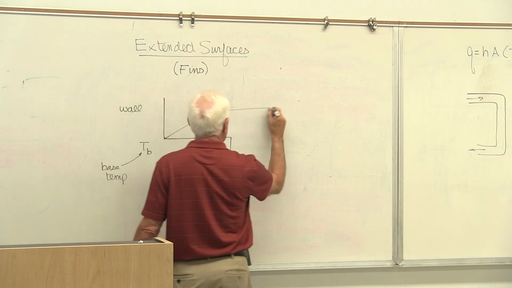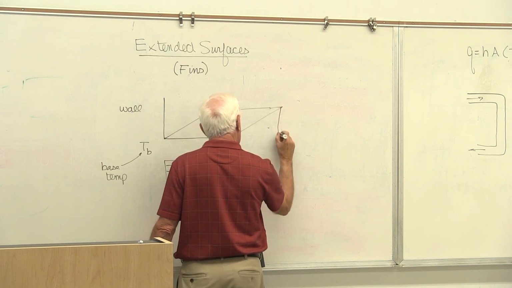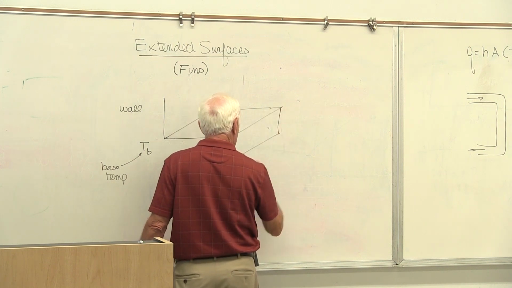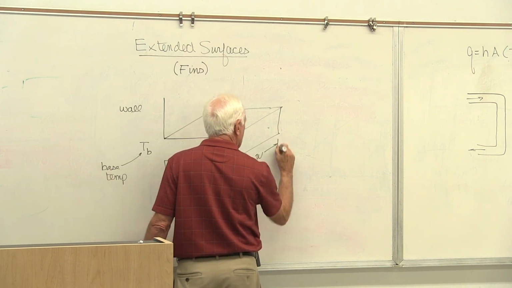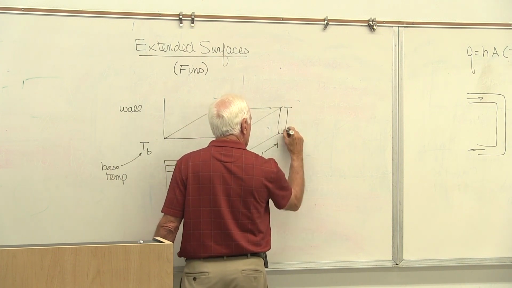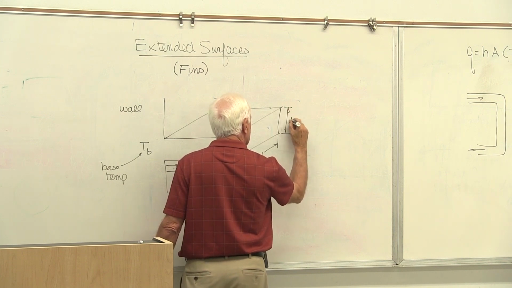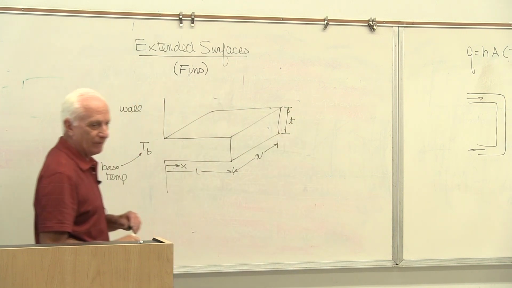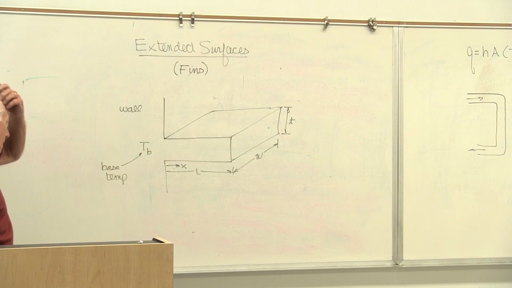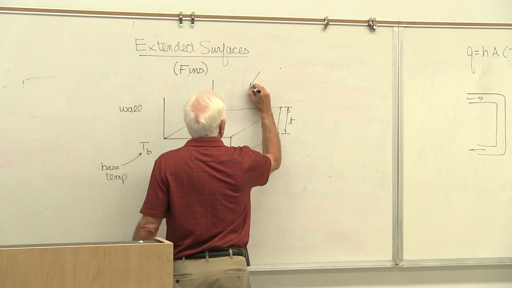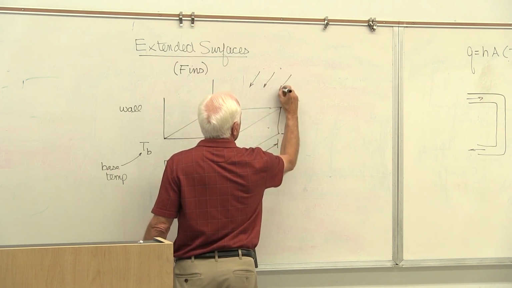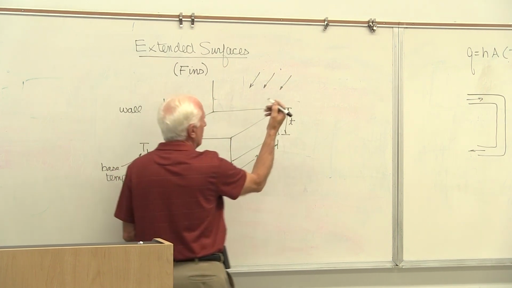The fin itself, this particular fin, looks like this. There's a length, a width, and a thickness, called a rectangular profile fin. The fin is losing heat by convection. Let's assume the base is hot. It makes it more sensible to talk that way.